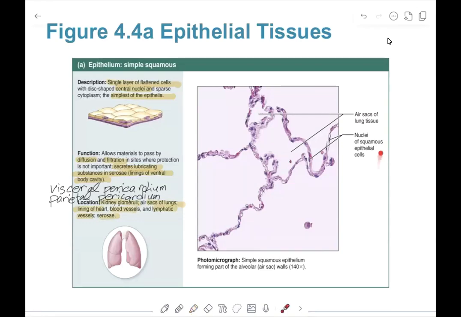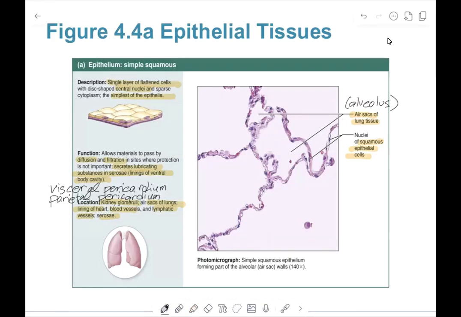What we're seeing on this image right here is from the lungs. This is an air sac of the lung tissue. It happens to be called an alveolus, and it's where the gas exchange is going to happen. The beauty of these squamous epithelial cells is they don't require a really thick boundary.